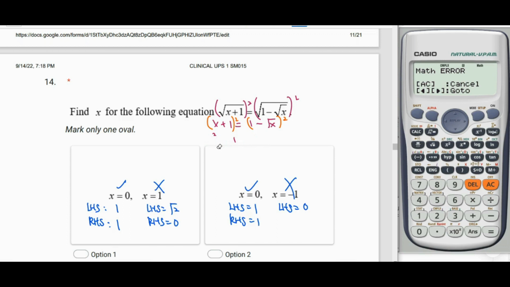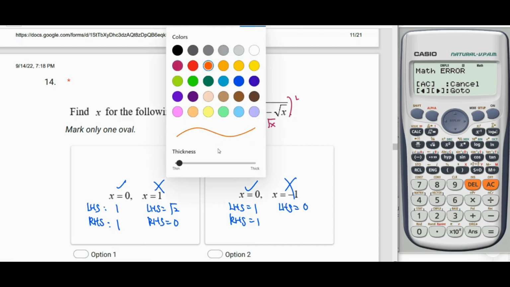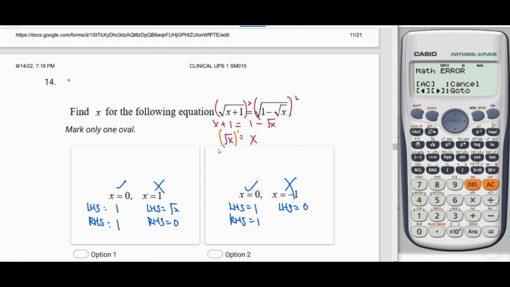Alright, before I square both sides, we can simplify first so that our answer will be easier. When we have the 1/3, we can move it to the left hand side, and the others move to the right hand side. 1 minus 1 cancels off. Then square both sides.